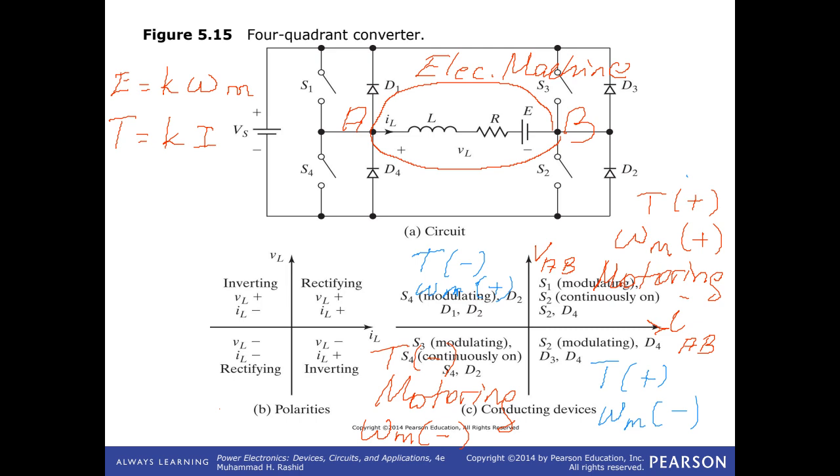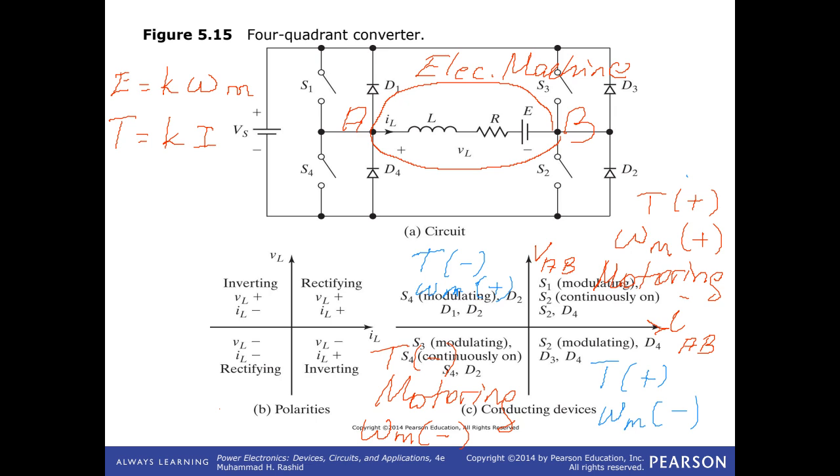For four quadrant operation, if you manage to give a positive voltage, positive current, then your system is going to rotate in positive direction. And if you manage to give negative voltage and negative current, your system is going to rotate in negative direction.